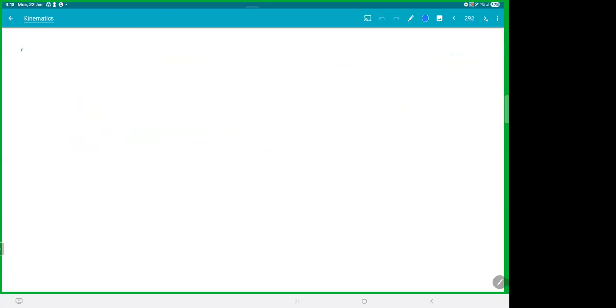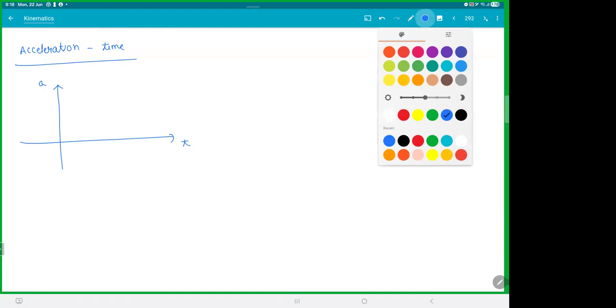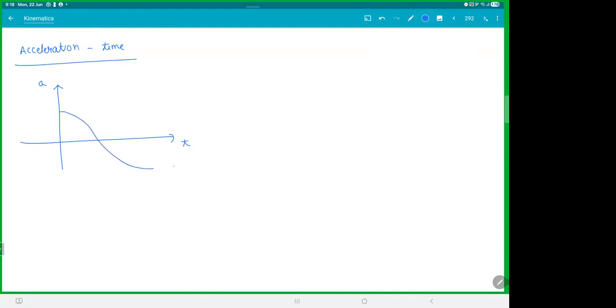The next thing is acceleration time graph. So here also, if you have the graph above the x-axis, this is the positive area. The area below the axis is a negative area.